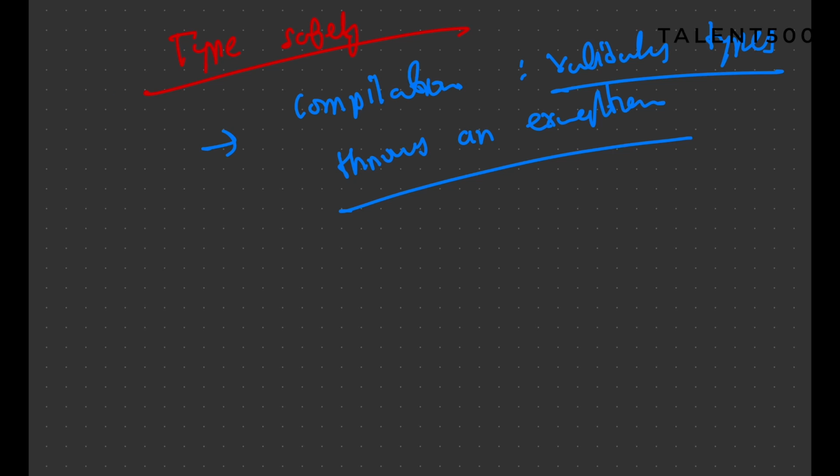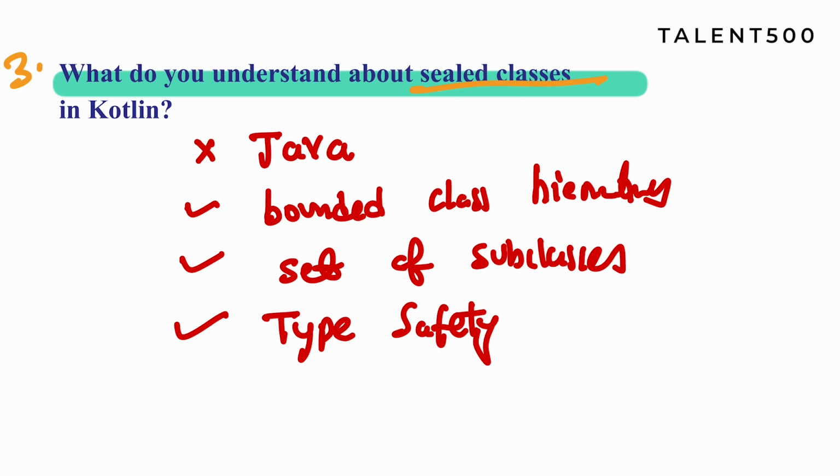And this type safety is ensured with the help of sealed classes. It limits the types that can be matched at compile time rather than runtime. So the sealed classes take care of type safety as well.